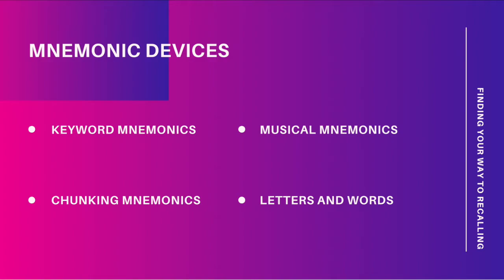Let's say the first phrase, the first word starts with a B, the second phrase, first word starts with an L, and then an E, and then an M. So instead of memorizing the phrases separately, you can mix up all those letters and have the word blem. And once you have this word blem, once you write it down, you know what the B stands for, you know what the L stands for, you know what the E stands for, and you know what the M stands for.